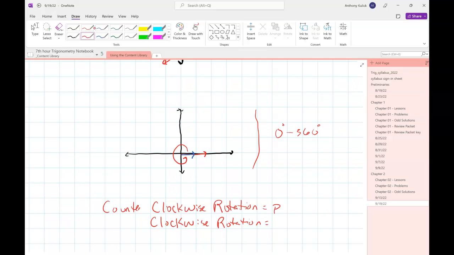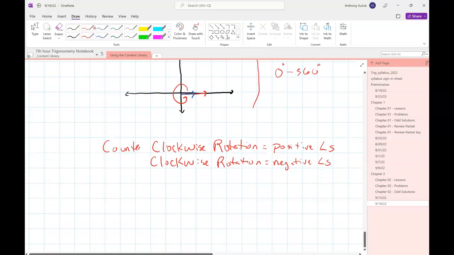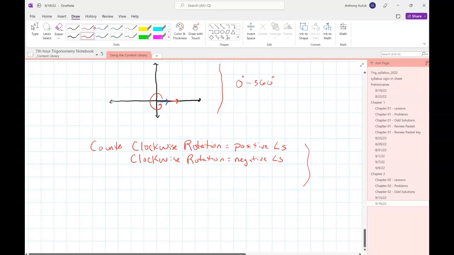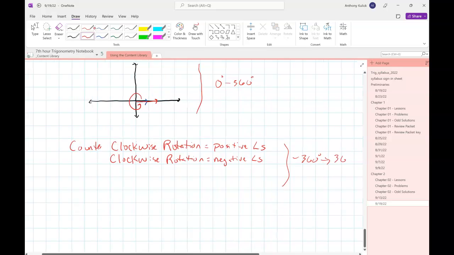If I went one direction versus the other direction. So I'm going to refer to counterclockwise rotation as positive angles. And if I go clockwise, I'd have negative angles. So now I can represent angles between negative 360 to 360. Everybody agree with that?